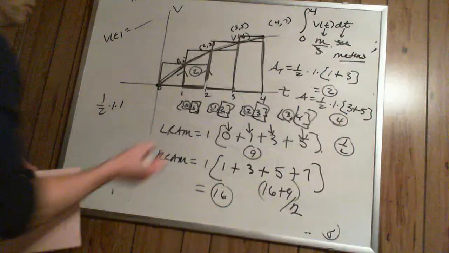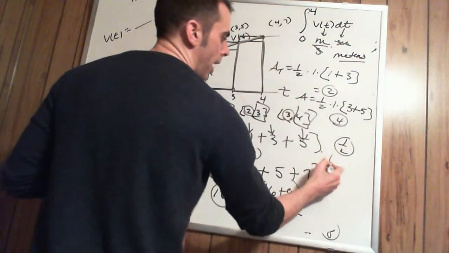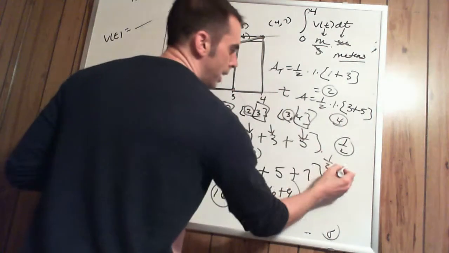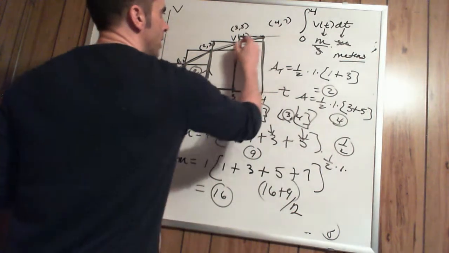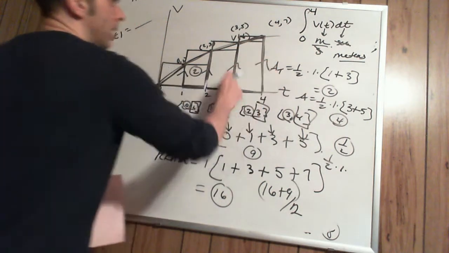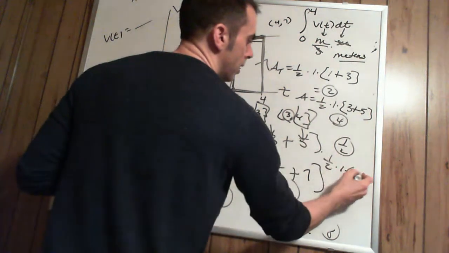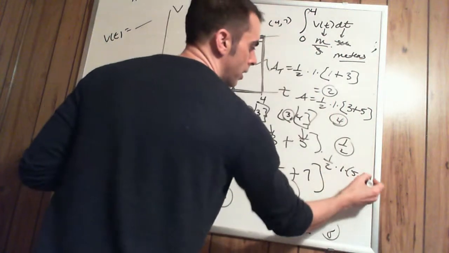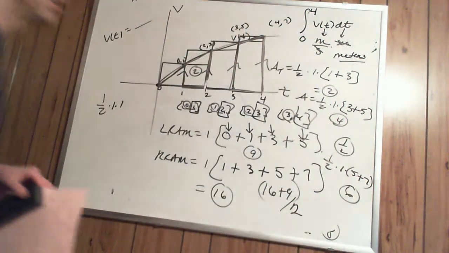And then I can do one right here. So that would be 1/2 times, again, the height is 1, and these are my bases. That base is 5 units high, and this one is 7 units high. Half of 12 is 6. So then just add them up.